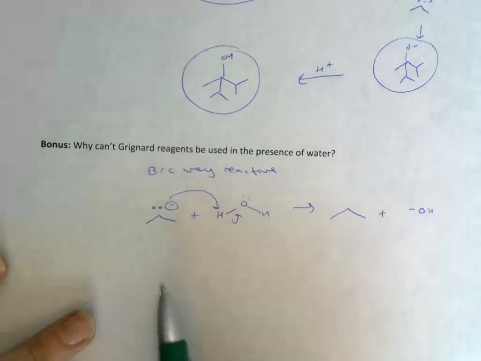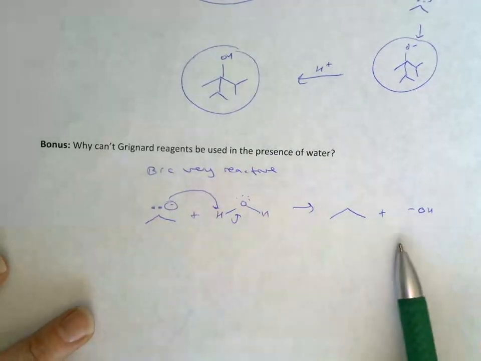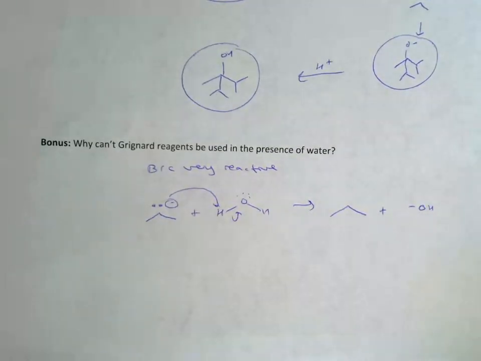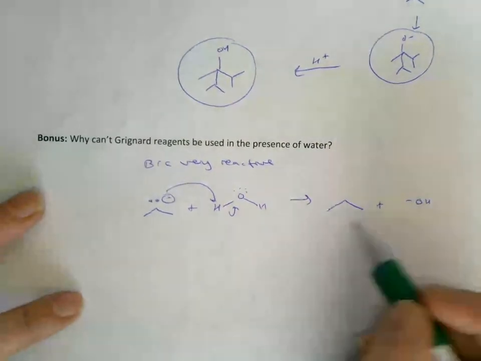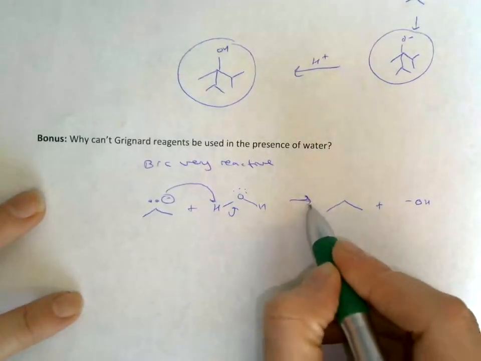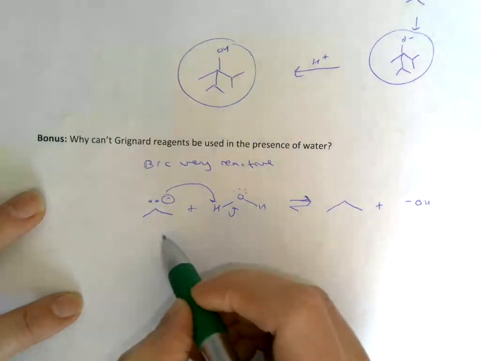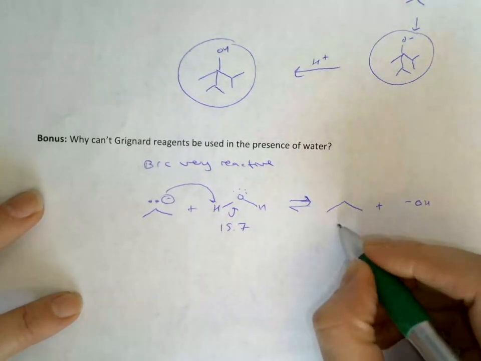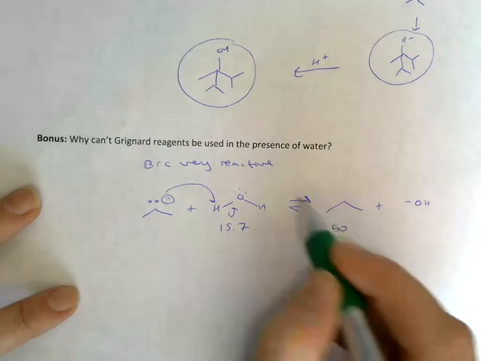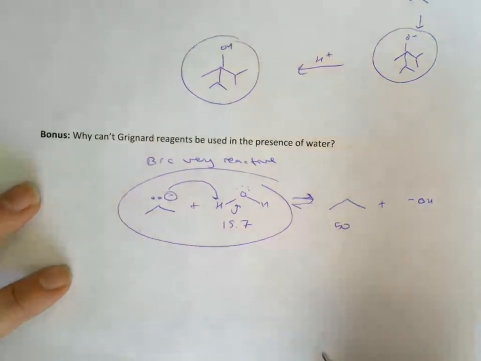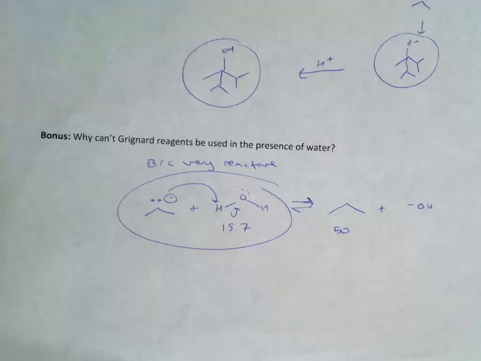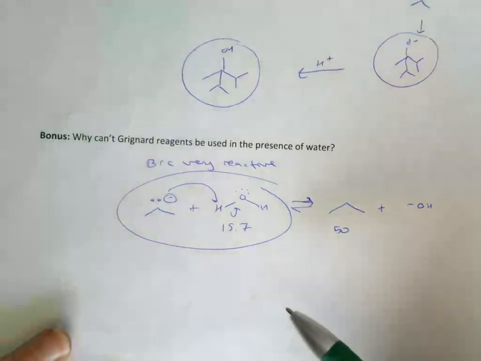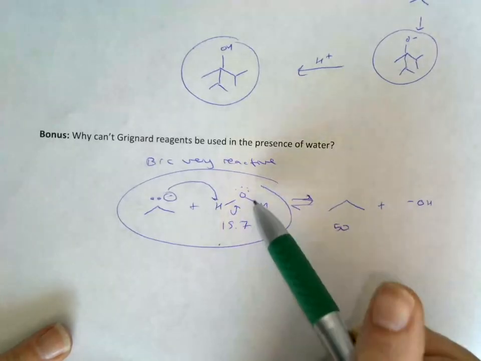And so that would be what would happen if you had Grignard in the presence of water, but that could be a reversible reaction. You have to go based on pK to see which side is favored, because technically this reaction is in equilibrium. So the pK of this is 15.7, while the pK over here is 50. So the weaker acid is favored. So that would mean that your left is favored.